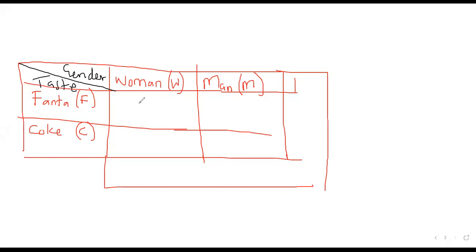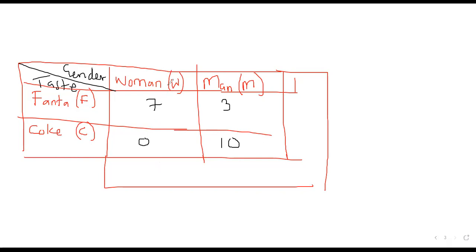So how many like Fanta? Maybe we have 7 here. How many like Fanta from the men? Maybe we have 3. How many love Coke from the men? Among the women, we have none who likes Coke. Then here we have maybe 10 men who love Coke.